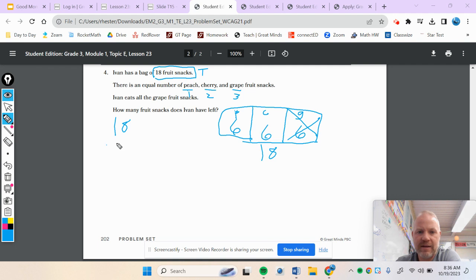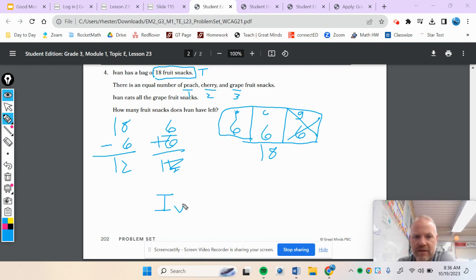We had 18, we take away 6, so that would be 12. Or you can look at it as 6 plus 6 are left, which is 12. So no matter how you did the work, you know there's 12 left. Ivan has 12 snacks left.